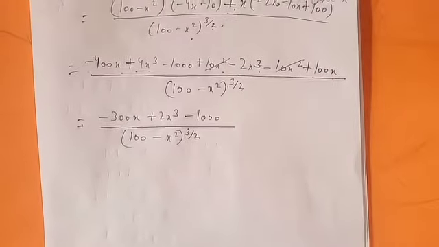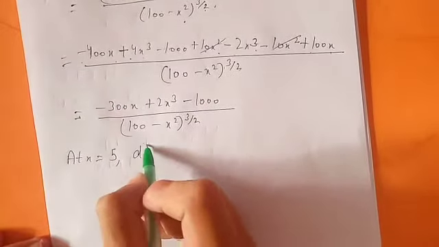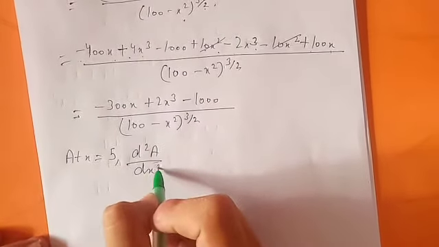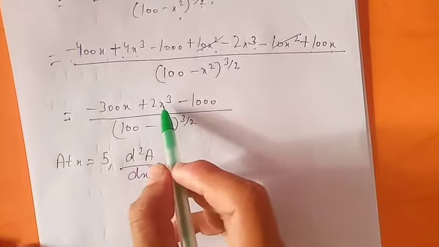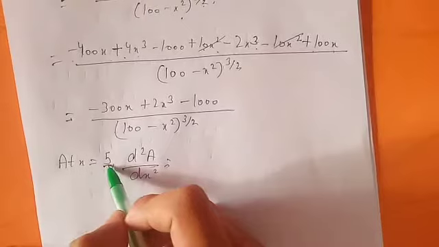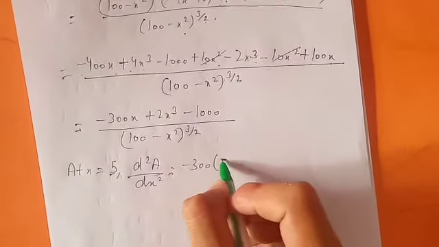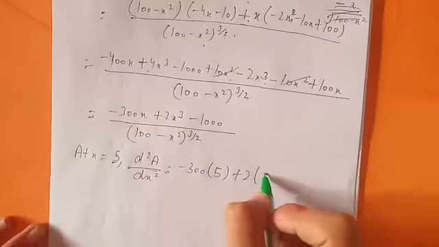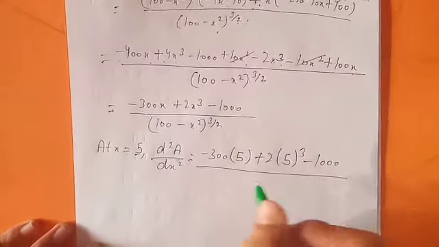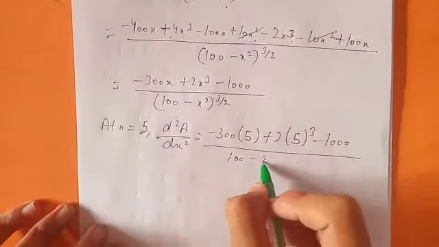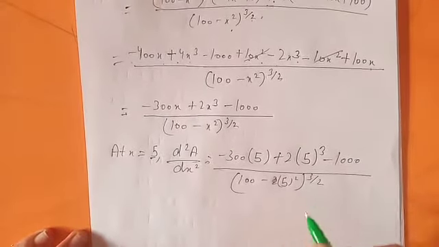Now we have the value of x, means at x equal to 5, the value of d square A by dx square will be, at every place of x we place the value 5, that will be minus 300 into 5 plus 2 into cube of 5 minus 1000 by 100 minus square of 5 whole power 3 by 2.